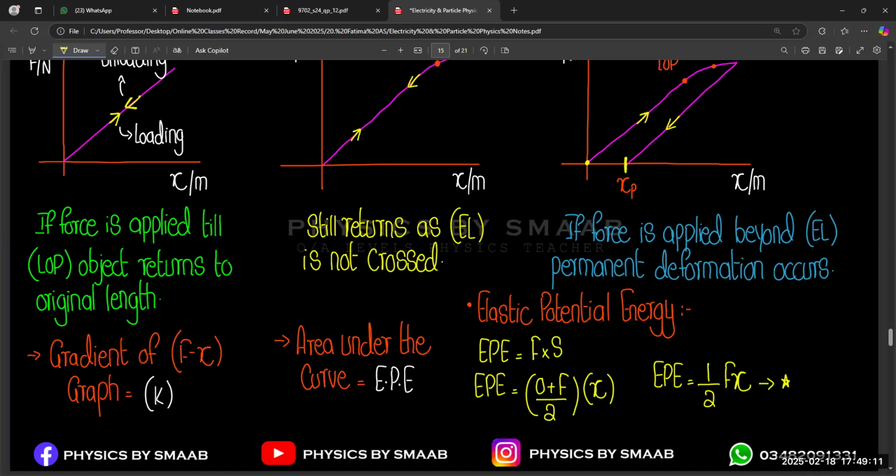So if they ask about elastic potential energy, definitely it can be derived from the area under the curve, or in any graphical representation, we can use the area under the curve to find the elastic potential energy.